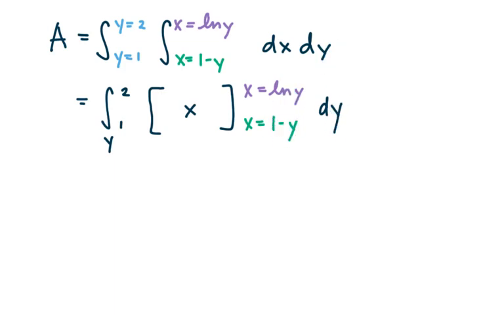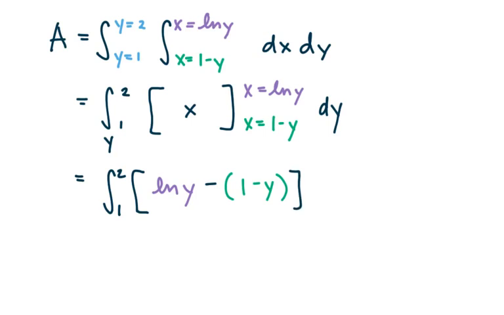Once I plug these two functions in, this will be a function of y values. So that gives me from 1 to 2, I have ln y minus the quantity 1 minus y, or the integral from 1 to 2 of natural log of y minus 1 plus y.